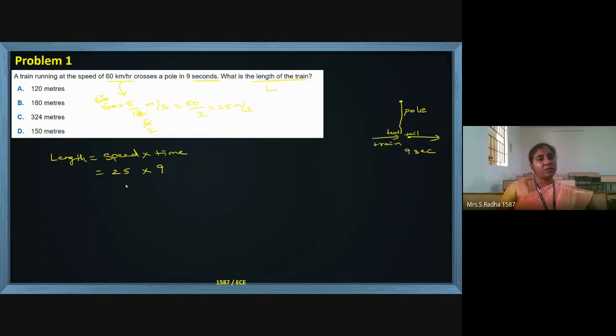Okay, 60 into 5 by 18, this is correct. Here I am cancelling with 3, sorry, I am cancelling with 2, so here it should be 3, and cancelling with 2, here it is 10. So 50 by 3 meter per second.